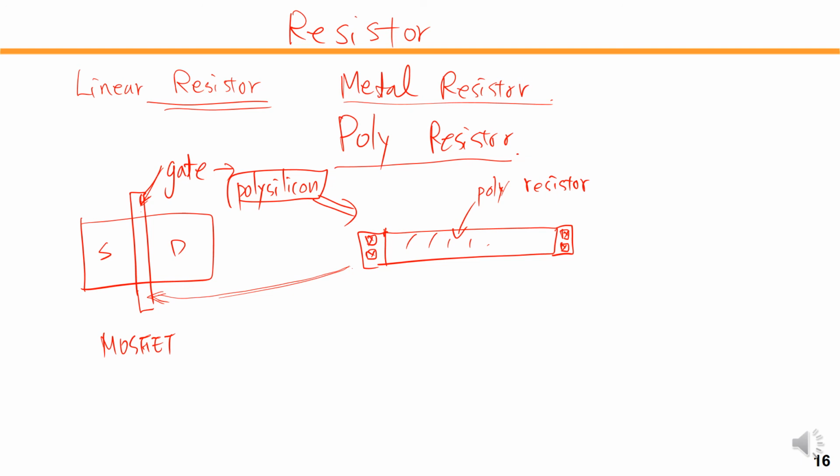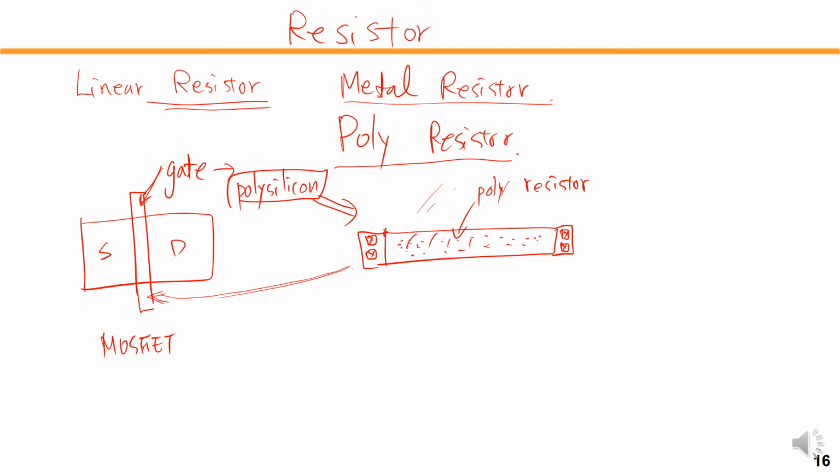If you want to control the resistance, there is process control where the doping of the polysilicon is controlled. That defines the amount of resistance for different kinds of resistor.